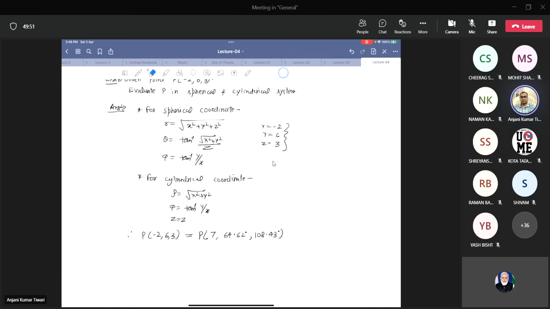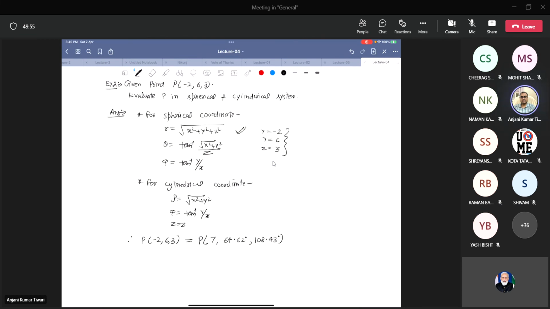I have just put the values of x, y, z here, and the values of y and x over here. In cylindrical coordinates, it will be point P: 6.32, 108.43 degrees, and 3. Okay, so this is the answer.